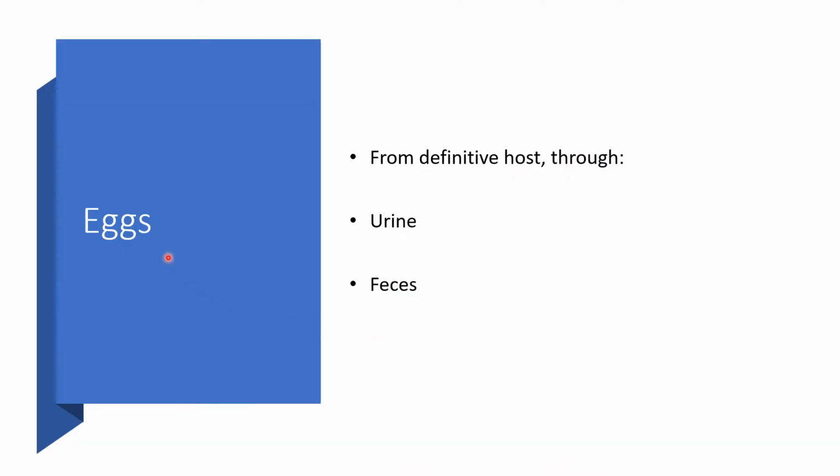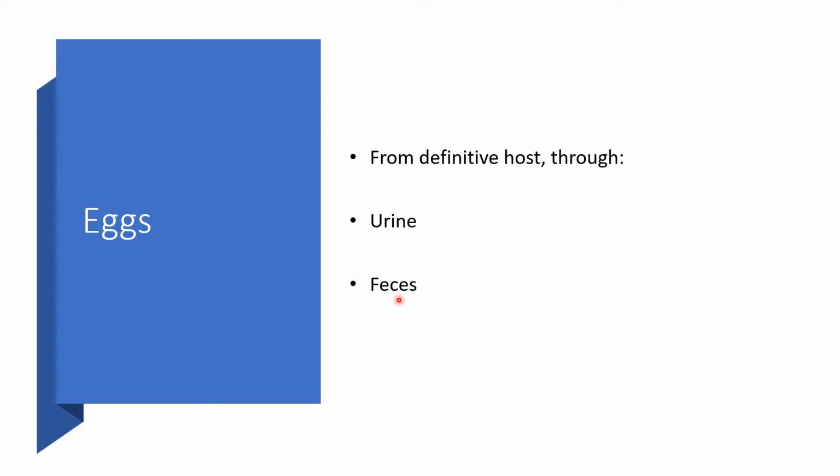The first stage will be the eggs. And we're not going to obtain the eggs from the store. The eggs will be coming from the definitive host. And how will the definitive host give us the eggs? It's going to come through the urine in case of Schistosoma haematobium or its hybrid, Schistosoma haematobium bovis. Then the eggs could come from the feces.